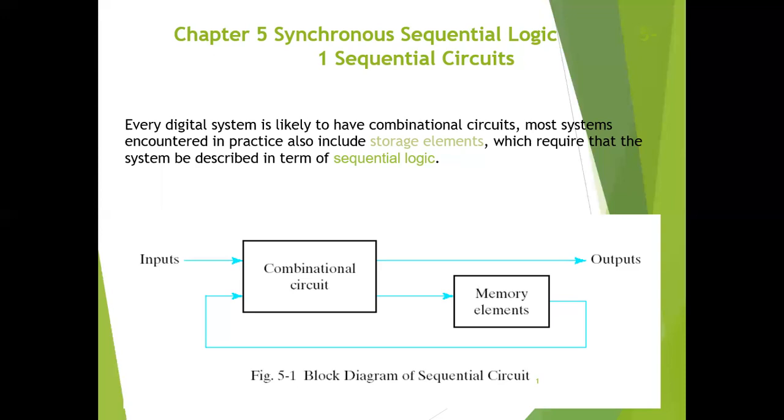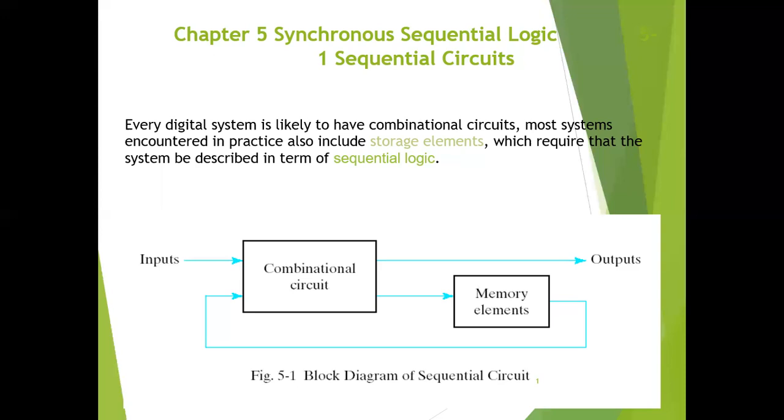The block diagram in this figure shows that the outputs in a sequential circuit are a function not only of the inputs but also of the present state of the storage element. The next state of the storage element is also a function of the external inputs and the present state of the storage element.